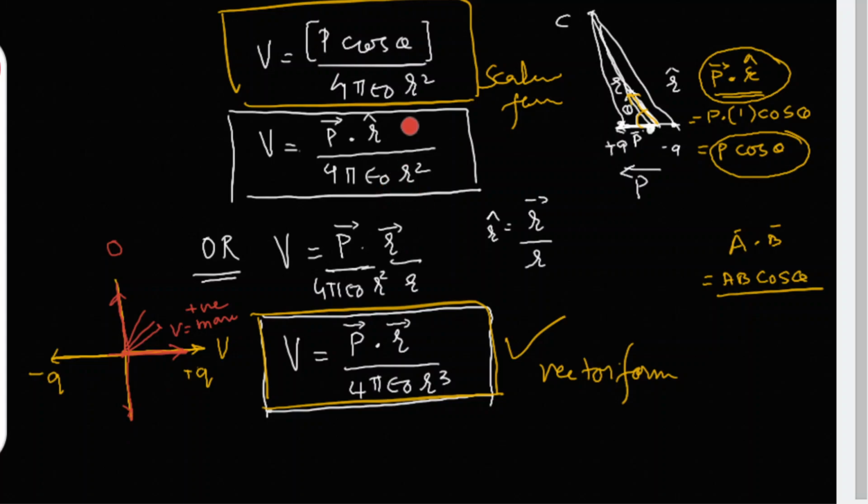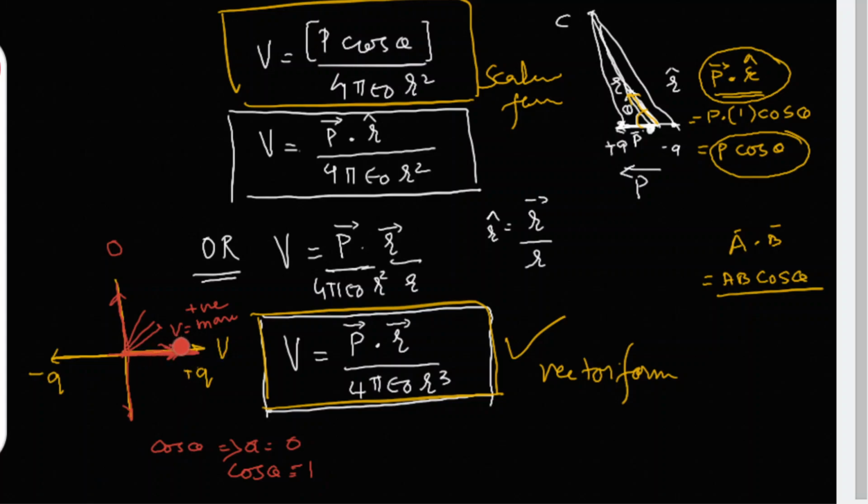Why? Because see now here, cos theta, in this case, in this direction of positive potential, theta is equal to 0, isn't it? So cos 0 is 1, isn't it?